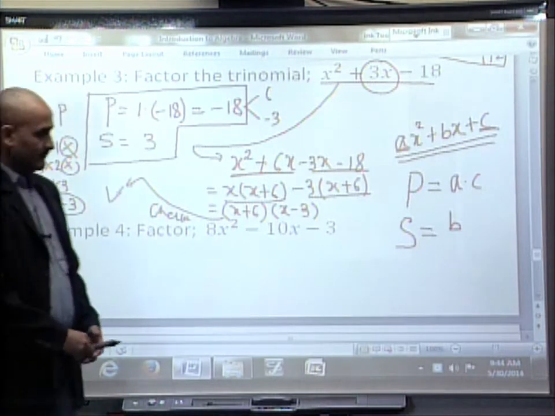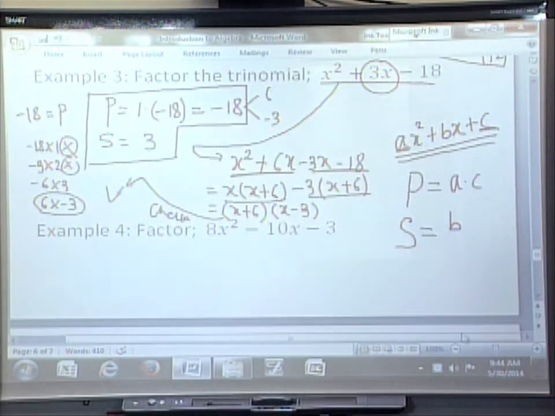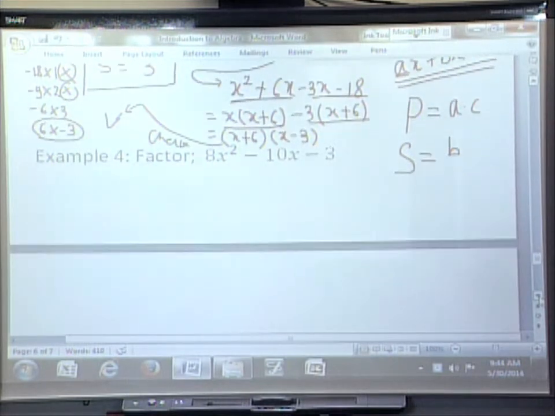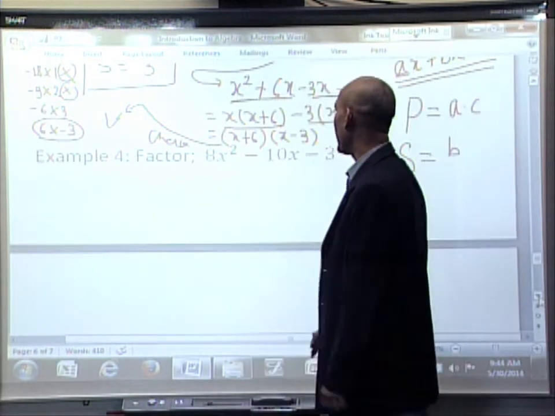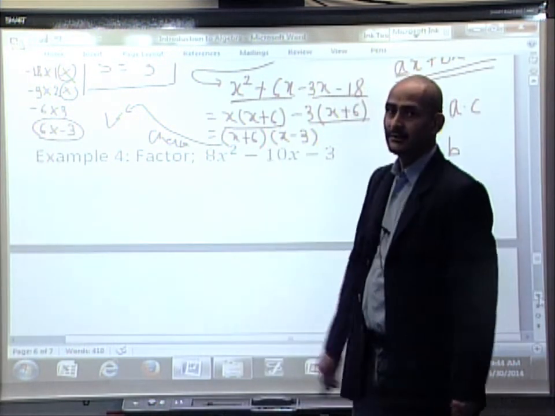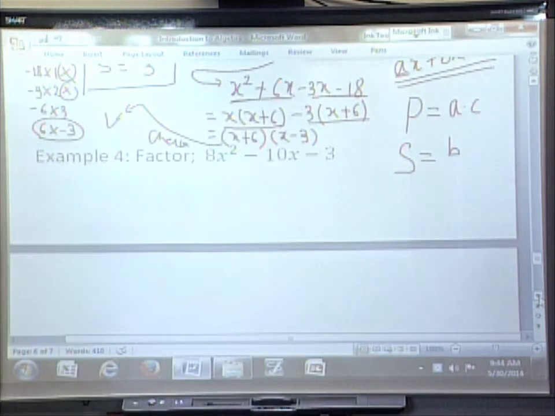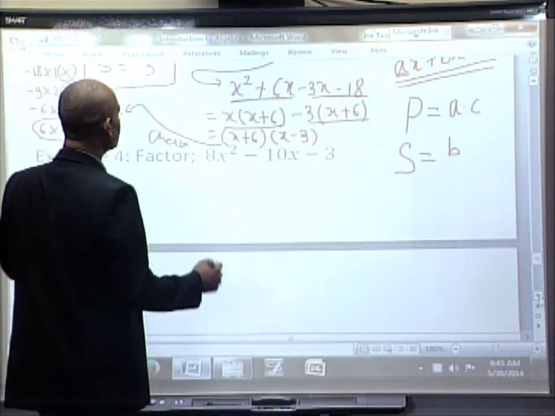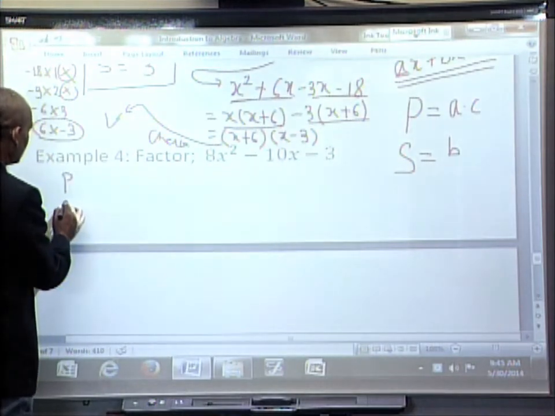Okay. Let's look at one more example of factoring trinomial. So next example is 8x squared minus 10x minus 3. As before, the first thing we need to do is identify the product and the sum.